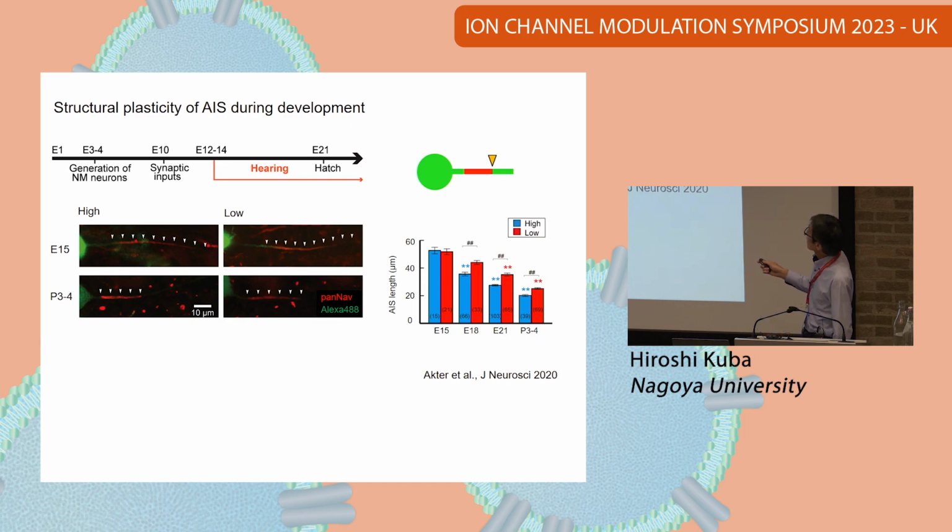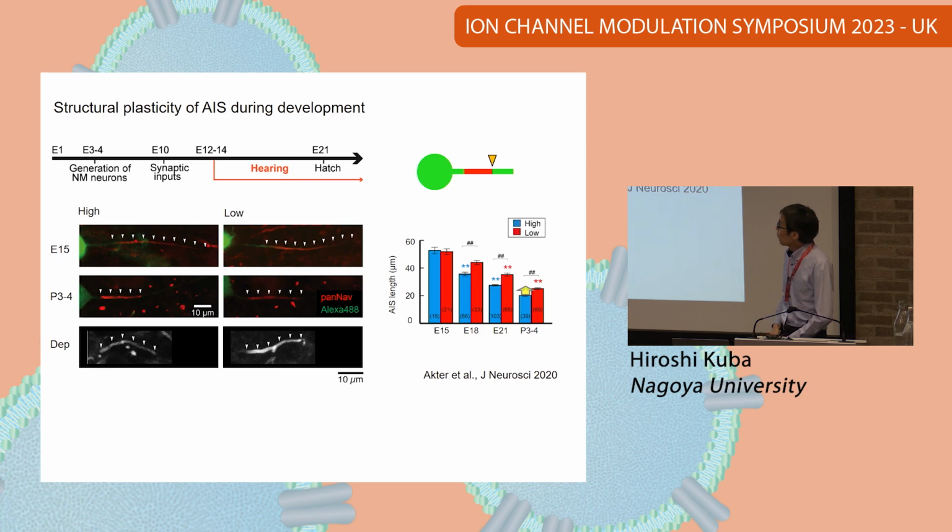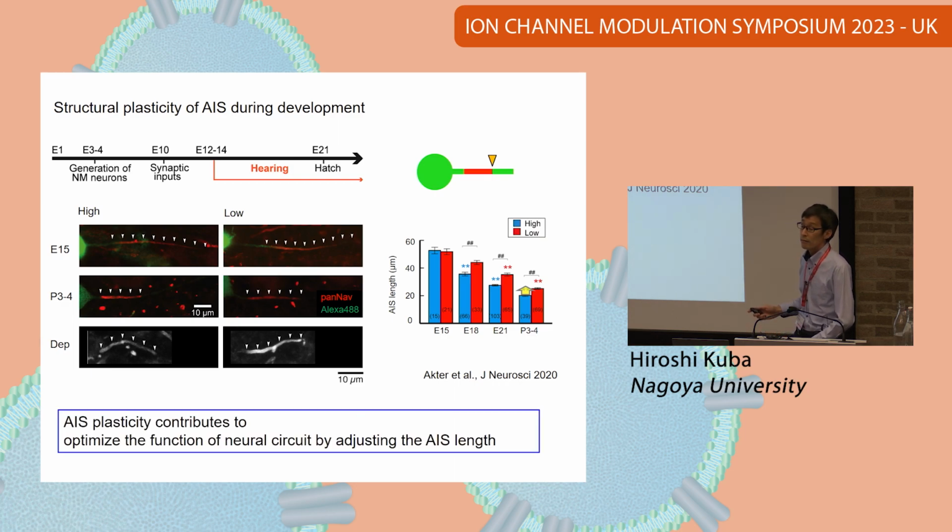But the length decreased gradually with maturation to a larger extent in high-frequency cells, making the tonotopic difference of AIS length. Importantly, however, when we deprived afferent input during development, it reduced the AIS shortening in high-frequency cells and disrupted the tonotopic difference of AIS length, indicating the AIS plasticity contributes to the fine adjustment of AIS length in individual neurons.